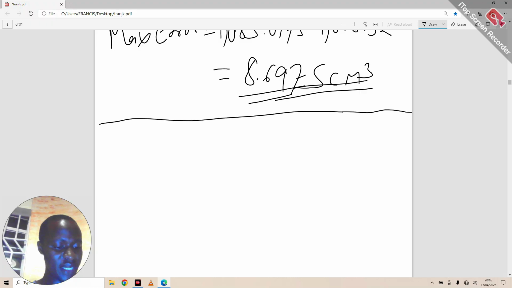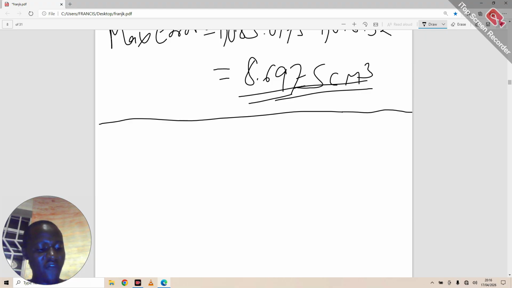So the question reads: the time taken by an object to cover a distance approximately 23.5 meters was recorded as 1.8 seconds. Find the percentage error in its average speed. And that is why I told you, this question is very nice.